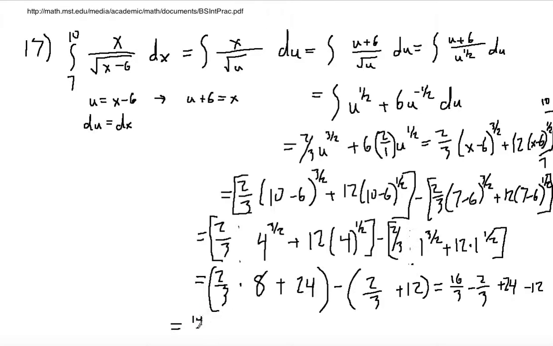So we have here 14/3 plus 12. I can make this one look like a fraction if I multiply by a special form of the number 1 so that I have a common denominator. And then I put together the numbers in the numerator, and I get 50/3.